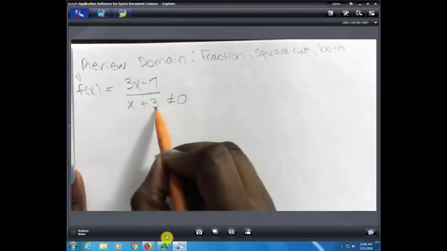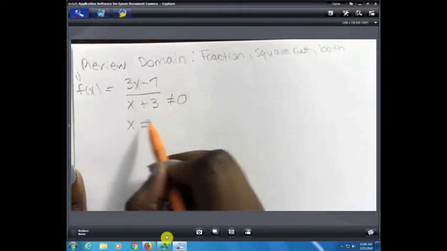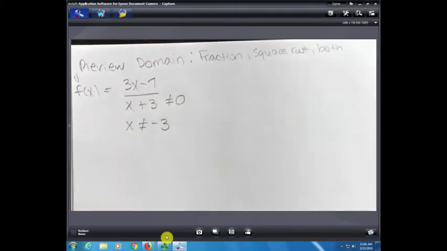And if I solve x plus 3 cannot equal 0 for x, I need to eliminate negative 3 from that domain. So for this one, I'm eliminating anything that would make this denominator 0, in this case, negative 3.